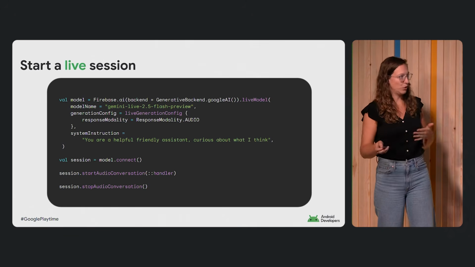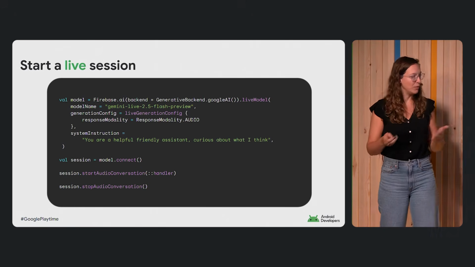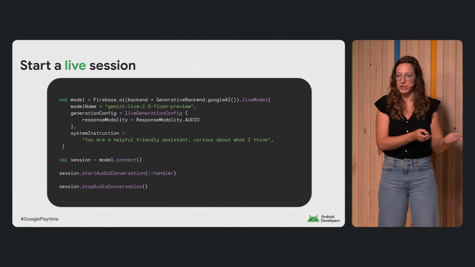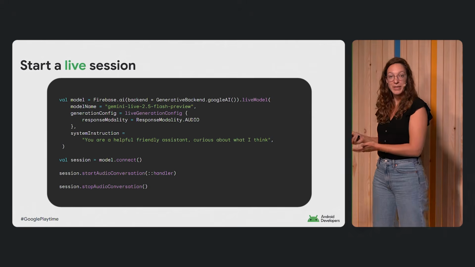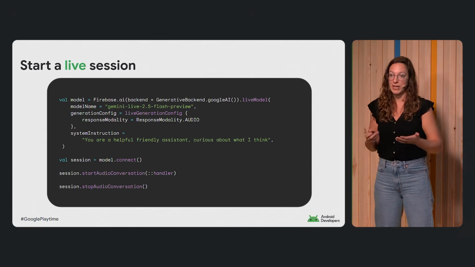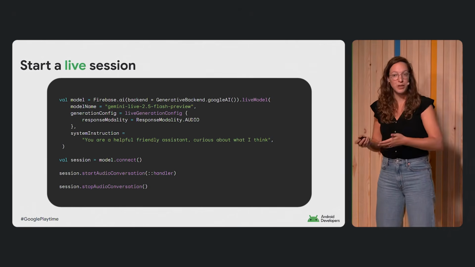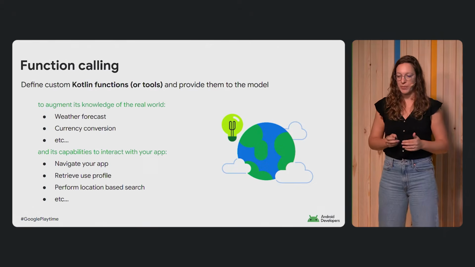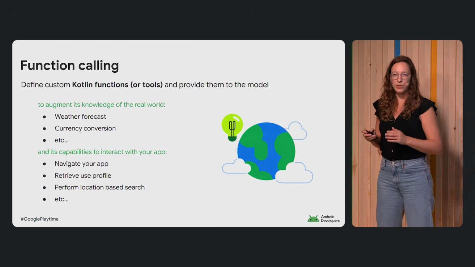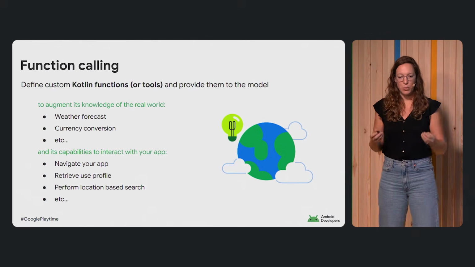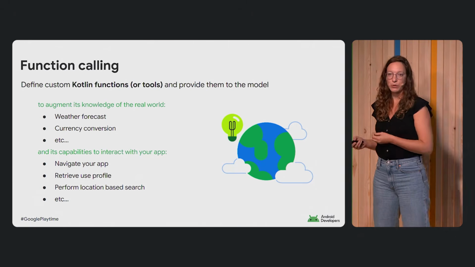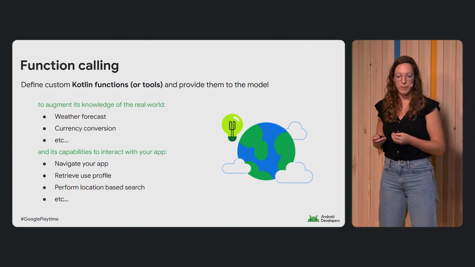Now, this works and we will be able to talk back and forth, but that doesn't mean that the system can actually do things in my app, right? We need to add some code so that it can actually add things to the list, remove them, or check them off. That's something we call function calling. Function calling is a principle where we define custom Kotlin functions and we provide those to the model so that the model can call them.